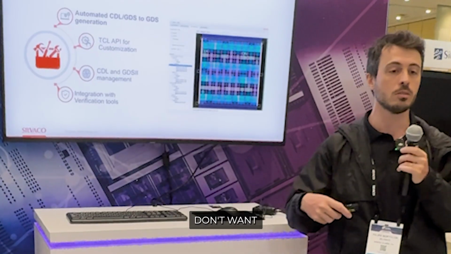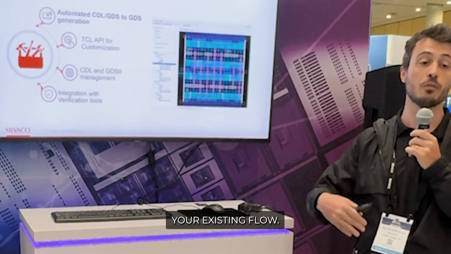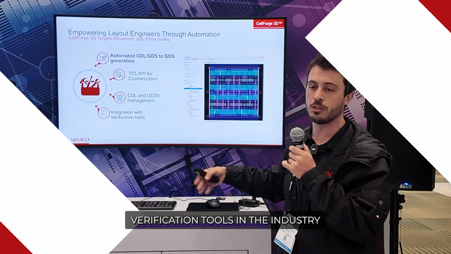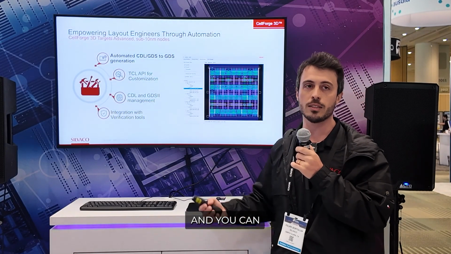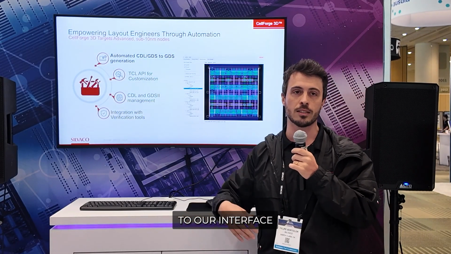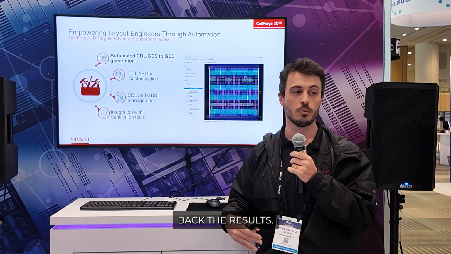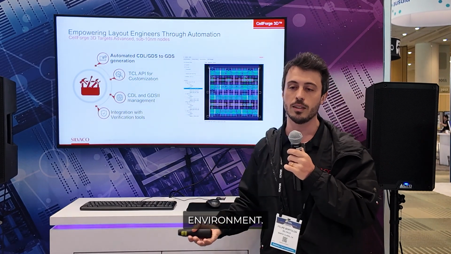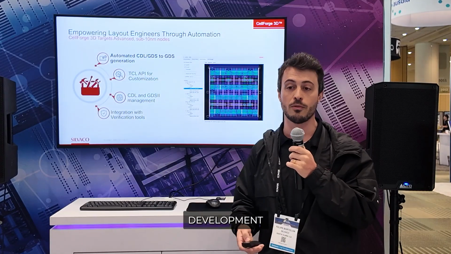We also don't want to disrupt your existing flow, so we have integration with the major verification tools in the industry, and you can launch those tools through our interface and collect back the results. So the whole process is done within a single environment, standardizing the standard cell development process.